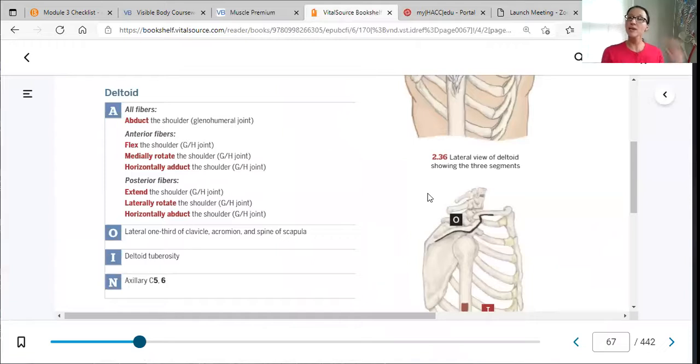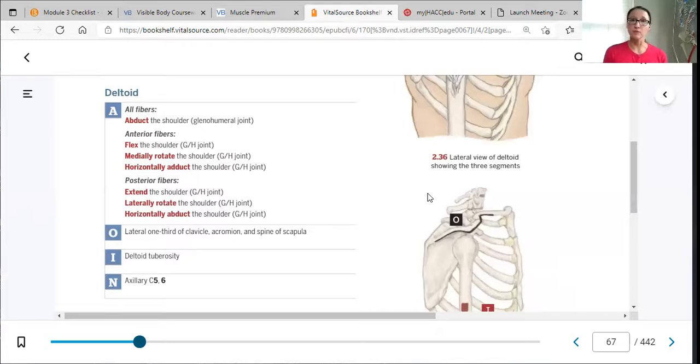All right, so to recap, deltoid origin is the lateral third of the clavicle, the acromion, and the spine of the scapula. The insertion is the deltoid tuberosity. And the actions of deltoid as a whole are abduction of the shoulder.